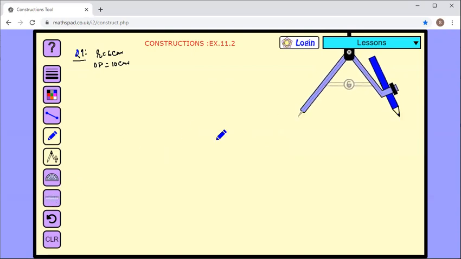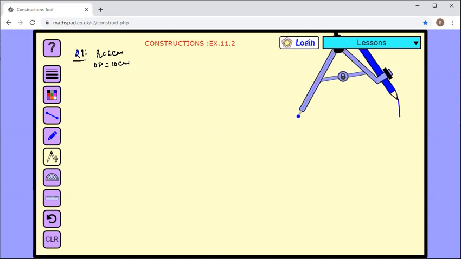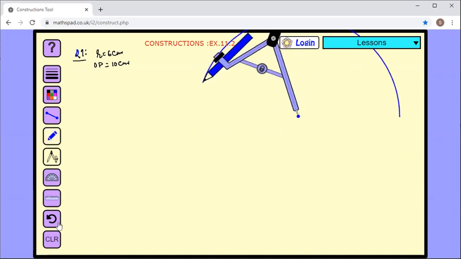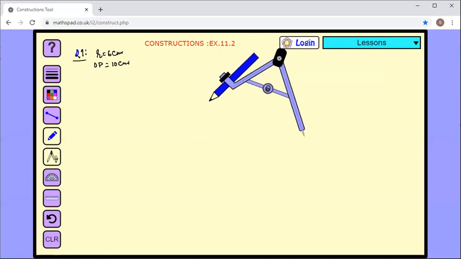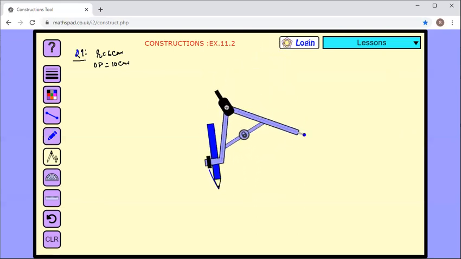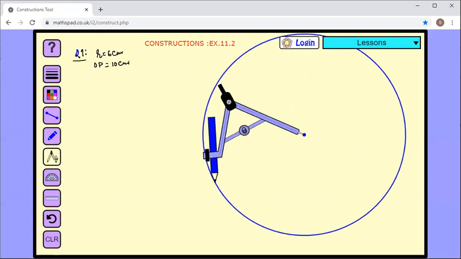Now start making the circle of radius 6 centimeter. Since it's not coming on the surface, children, I will drag it a little lower so that the circle should remain there on the surface, and this way we are able to construct a circle of radius 6 centimeter.